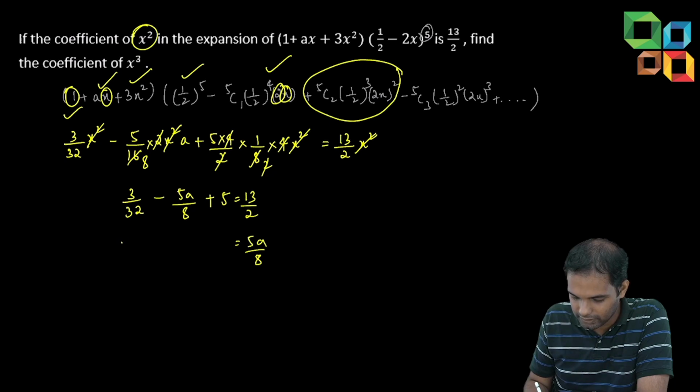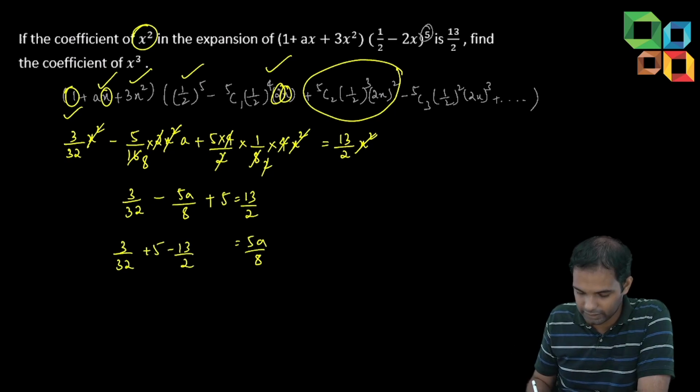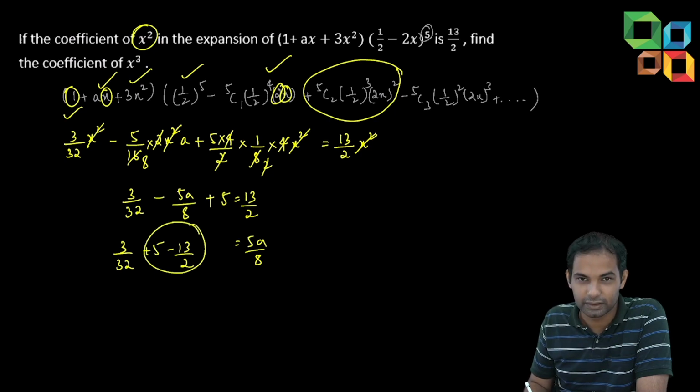It's 5a by 8. So what do we have? 3 by 32 plus 5 minus 13 by 2. If you want, you can take a common LCM, right? Or you can just simplify these two first, just to make it easier. So this is 10 minus 13 by 2, minus 3 by 2. Makes sense, right? This is 6.5, minus 3 by 2 is minus 1.